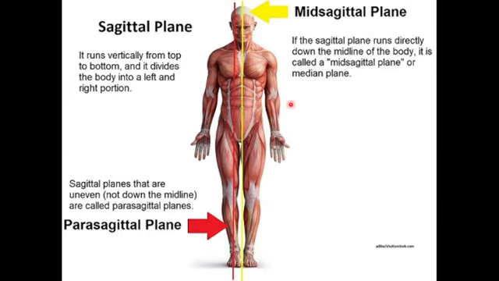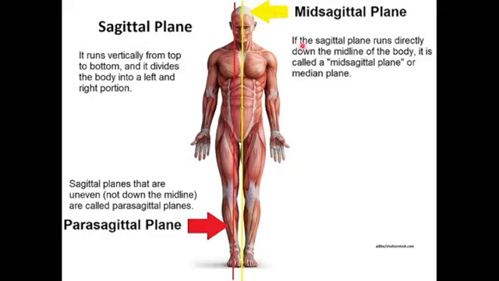So first, we have the sagittal plane. It runs vertically from top to bottom. If it's on the exact axis of symmetry of your body, it's what we call the mid-sagittal plane.